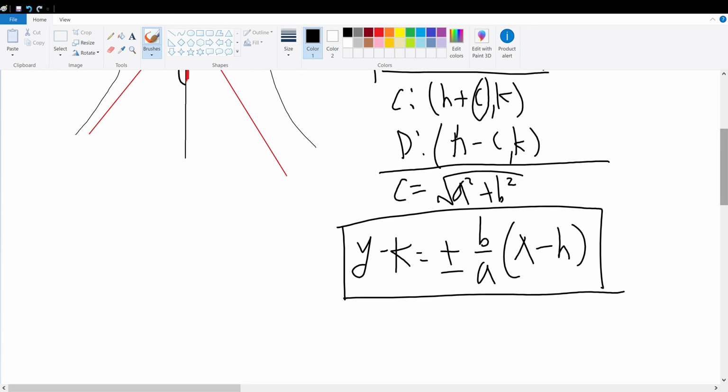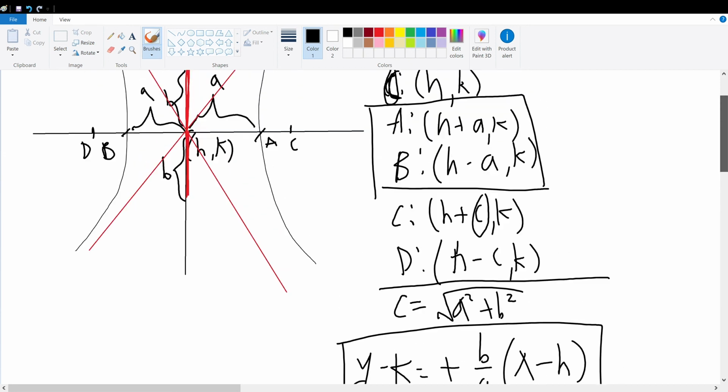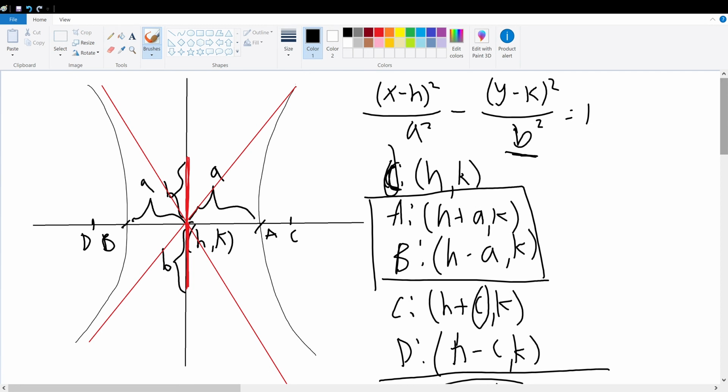After this, we have concluded the entire hyperbola system, excluding its eccentricity and its directrix.